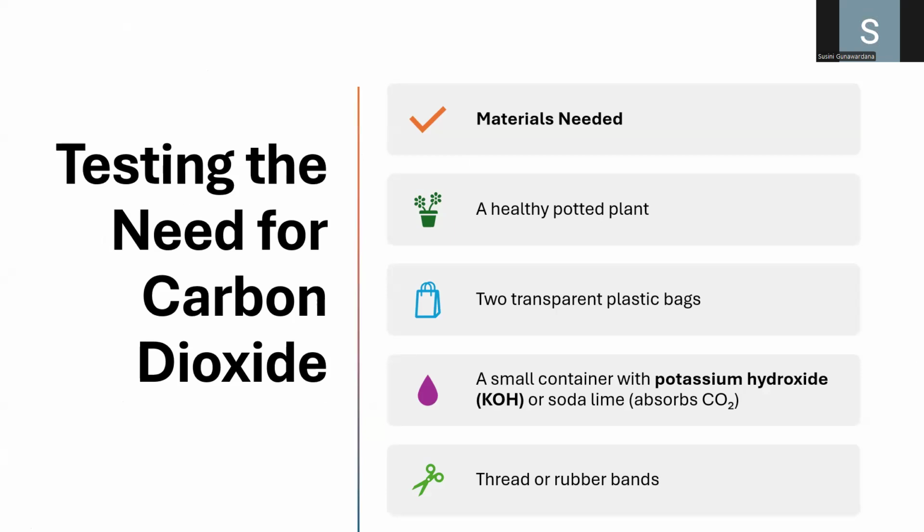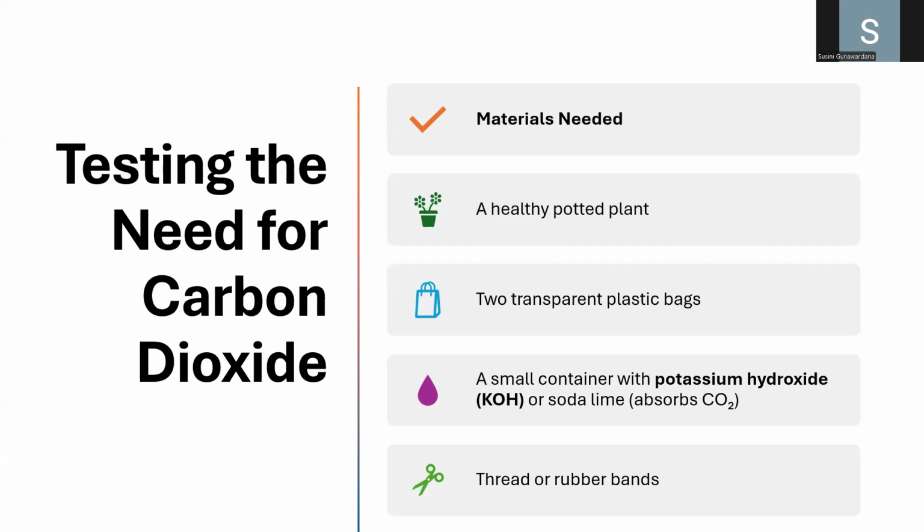These are the materials needed. We need a healthy potted plant. Better to have 2 healthy potted plants, and we need 2 transparent plastic bags and a small container with potassium hydroxide or soda lime. We are using it to absorb carbon dioxide.